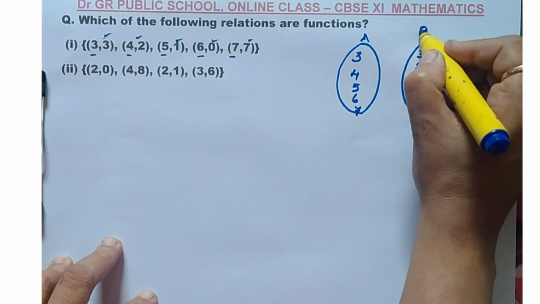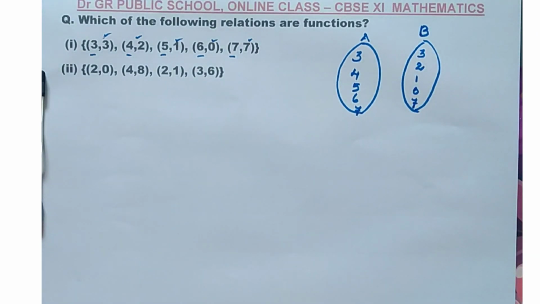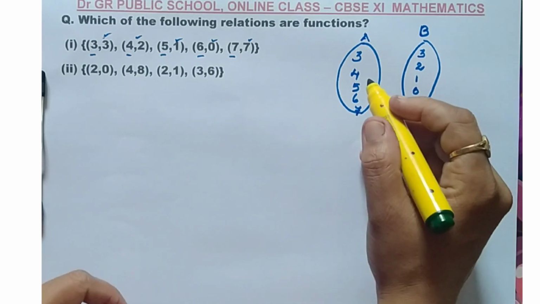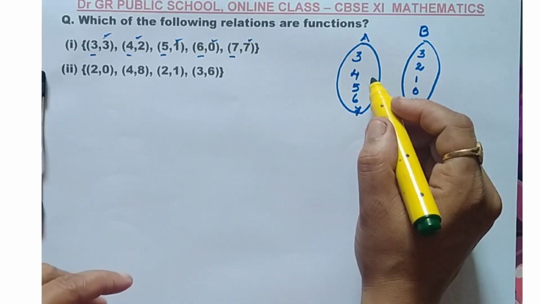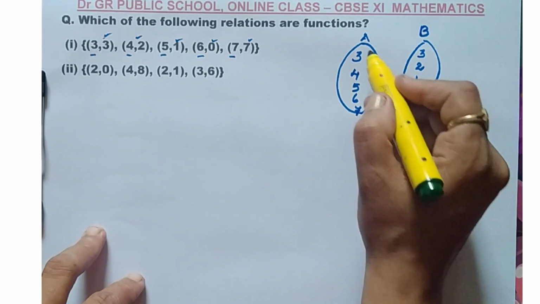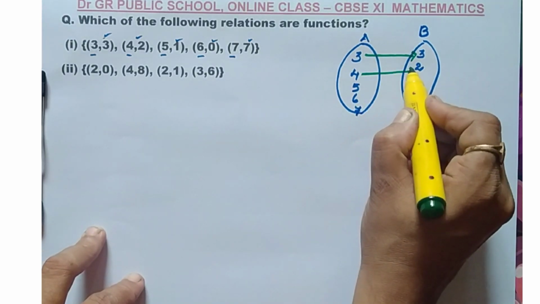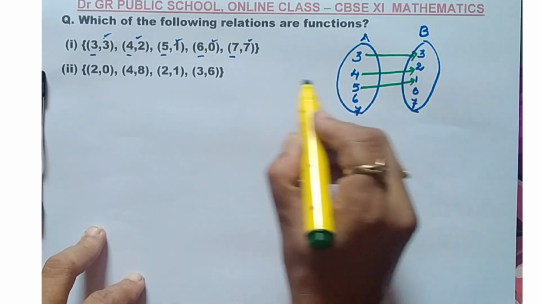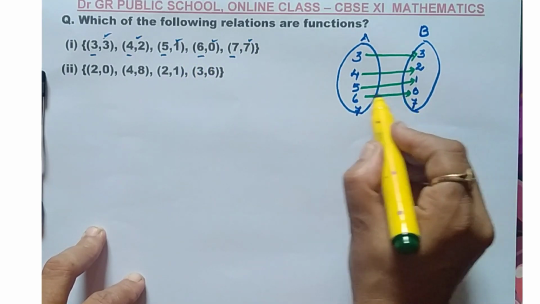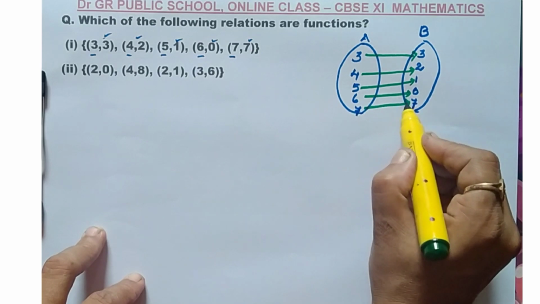So the first element comes from the set A and the second from the set B. Connecting these two sets by means of an arrow diagram, we have 3 connected with 3, 4 to 2, 5 related to 1, 6 to 0 and 7 to 7.